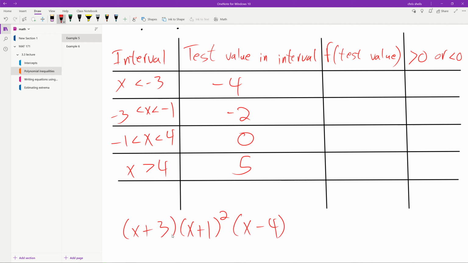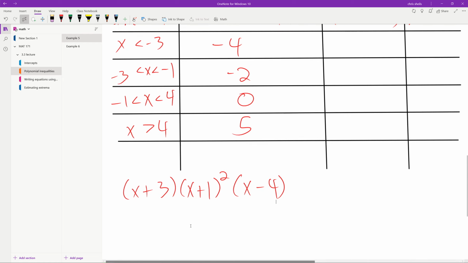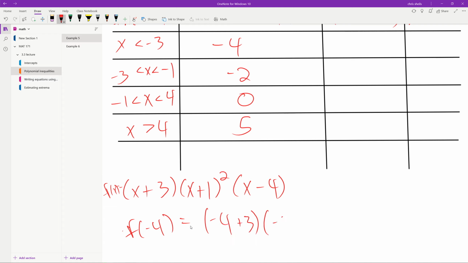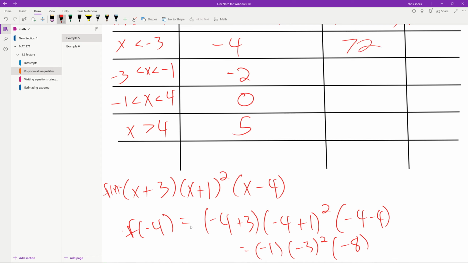So if I plug -4 into this, if this is f of x, then f of -4 is (-4 plus 3) times (-4 plus 1) squared times (-4 minus 4). This is -1 times (-3) squared times -8.